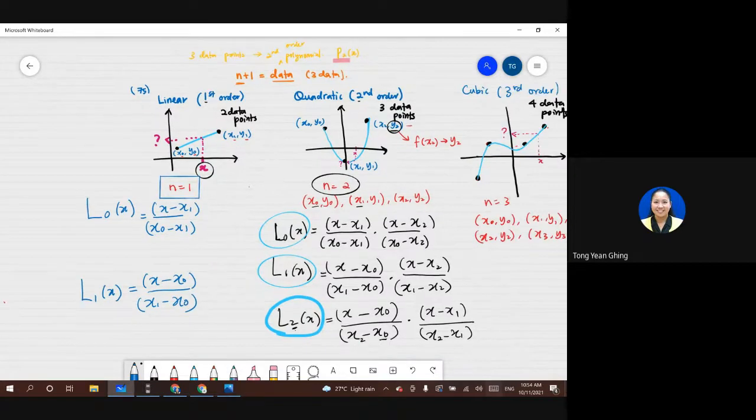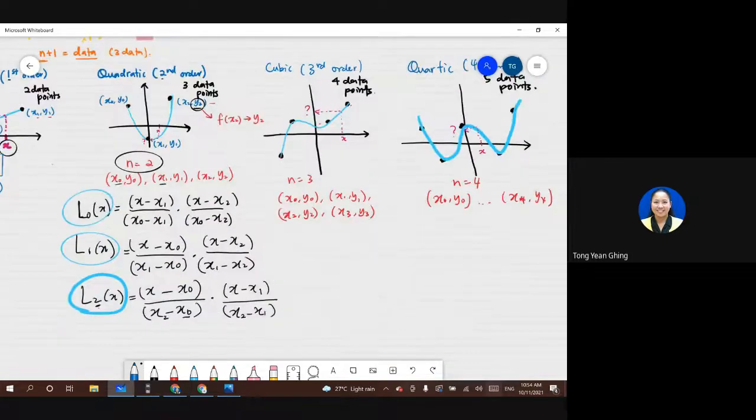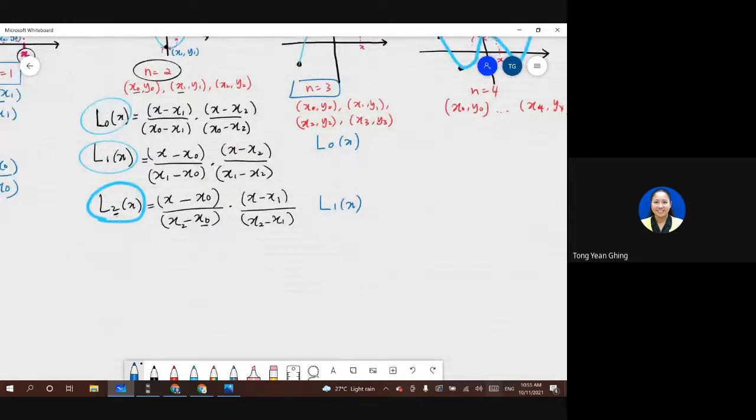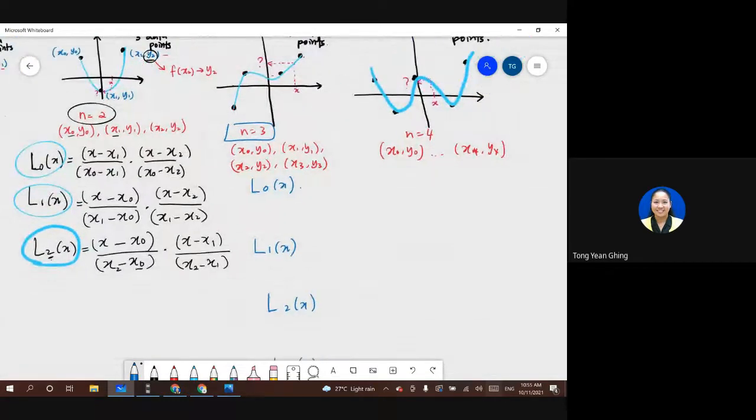So if let's say we have 4 data points and then n is 3. That means you have to calculate L0 x, L1 x, and then L2 x, and then L3 x. So that means here, let's take this data point, x0, right?